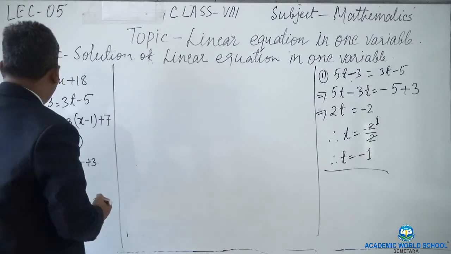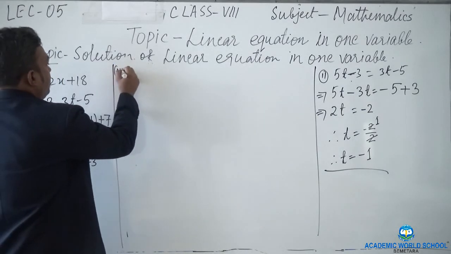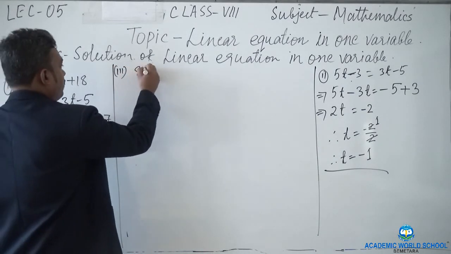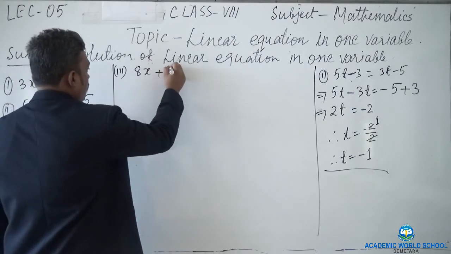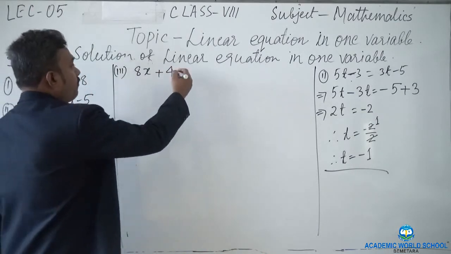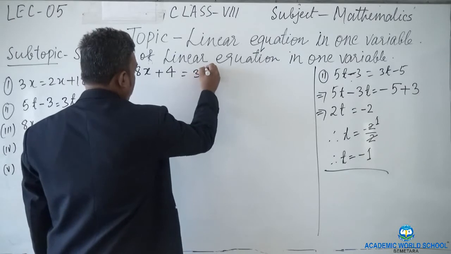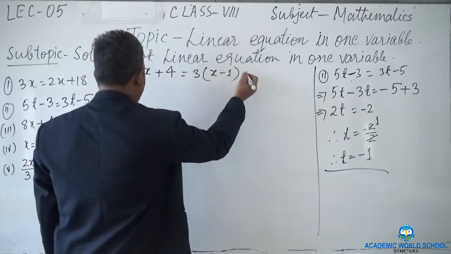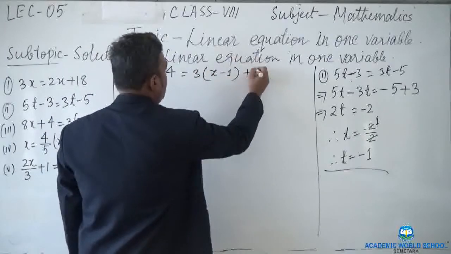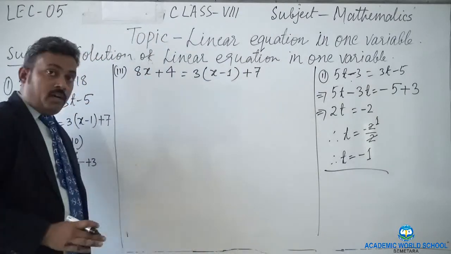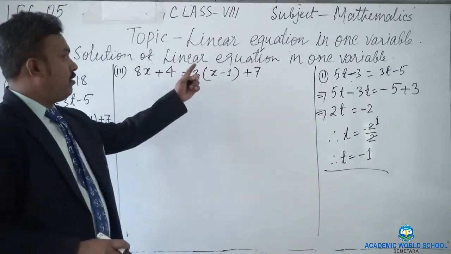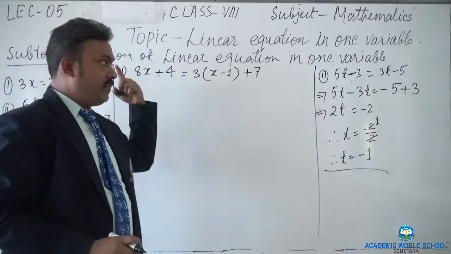That is what we call simplification. Simplify it. Not just removing the bracket, that will be simplification. The other operations also we need to do, but the first thing we will do is remove the bracket first.